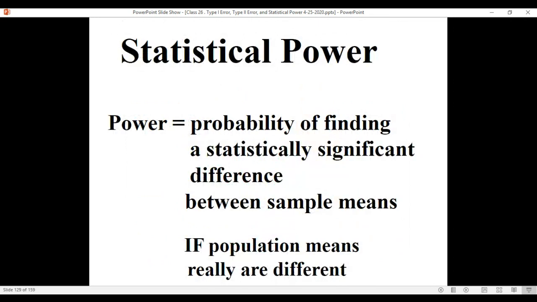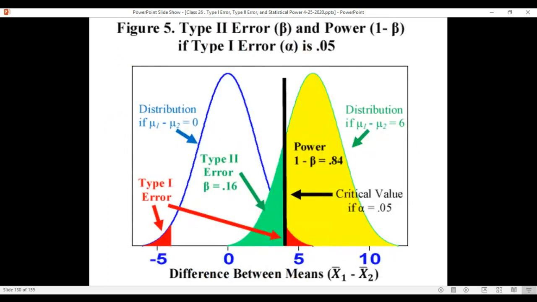Now, here's another way of thinking about statistical power. Power is the probability of finding a statistically significant difference between the sample means when the population means really are different. The true sampling distribution is on the right.